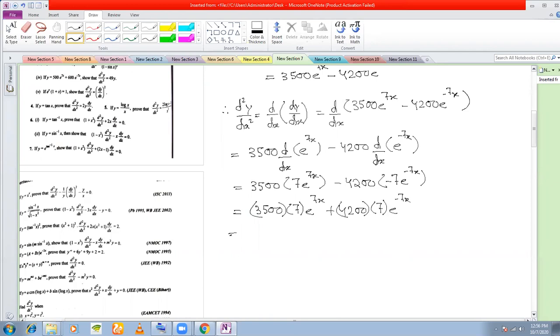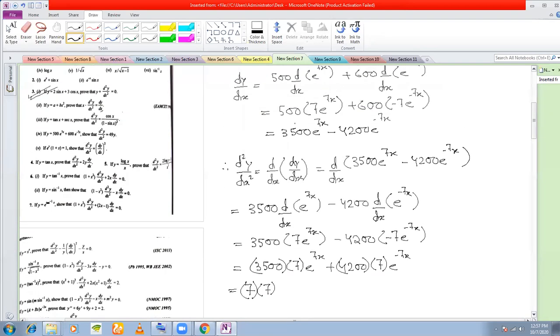So now from these two, I can take 7 common. And what is common between 3500 and 4200? If I take another 7 common, because if you see the proof, I need a 49. That is why I'm trying to get a 49.